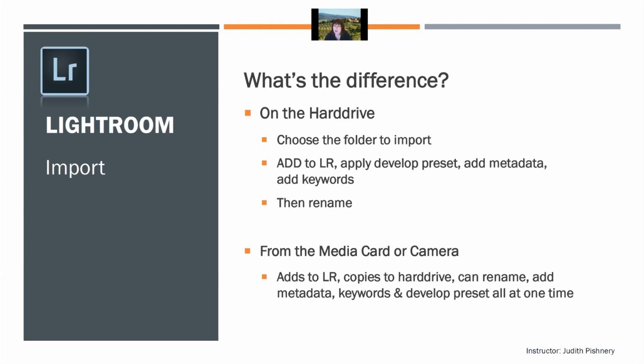This gives you a whole lot more options when you add the images to your Lightroom catalog. It copies them to the hard drive. You can rename them at this time. You can add metadata, keywords, and development presets, all at one time. So it takes a bunch of separate steps and allows you to put it all together in one place.